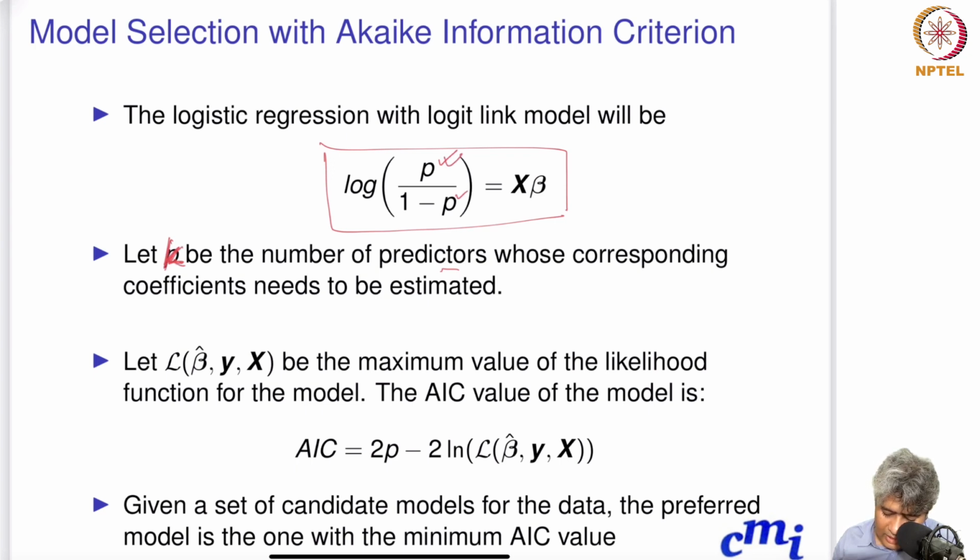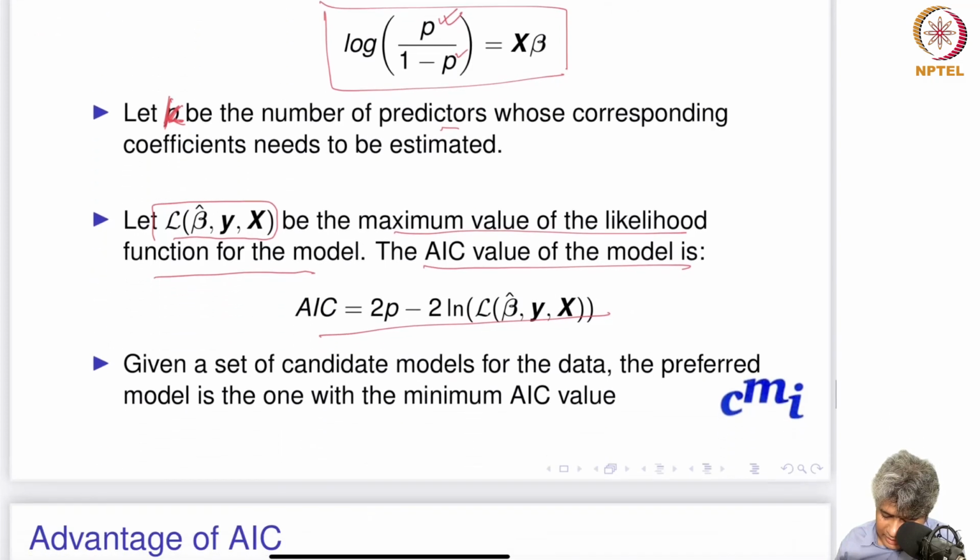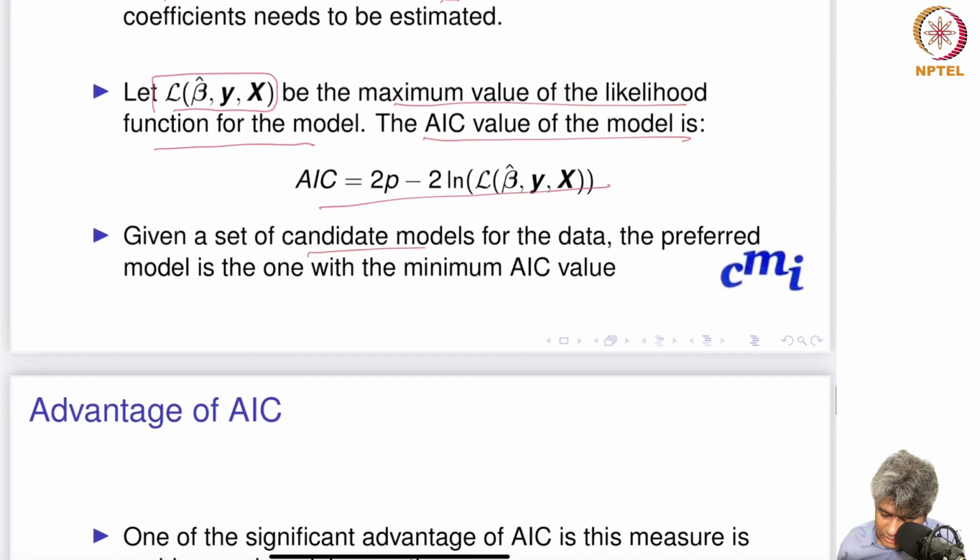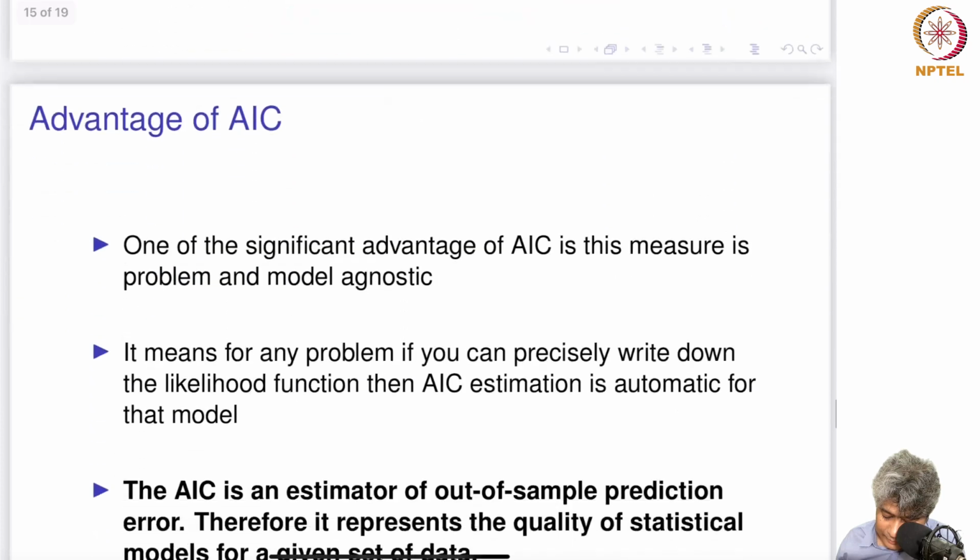So suppose K is the number of predictors whose corresponding coefficient needs to be estimated. Then you just calculate L beta hat yx, the maximum value of the likelihood function of the model, and you can calculate the AIC. Given a set of candidate models for the data, the preferred model is the one that has the minimum AIC.